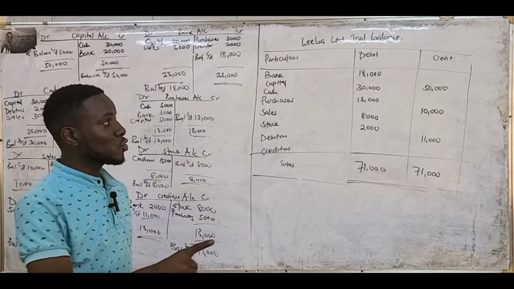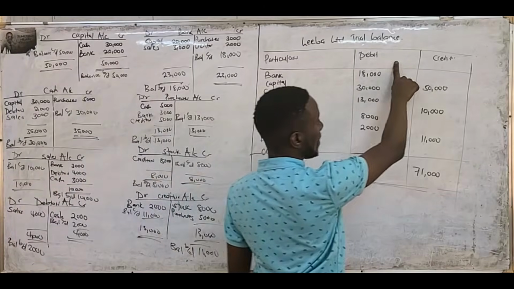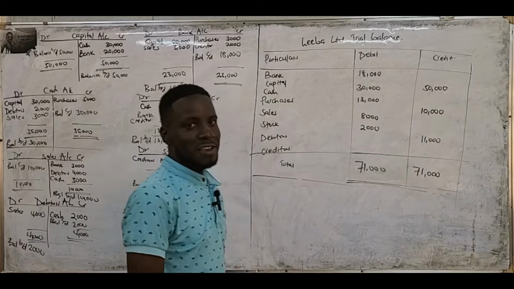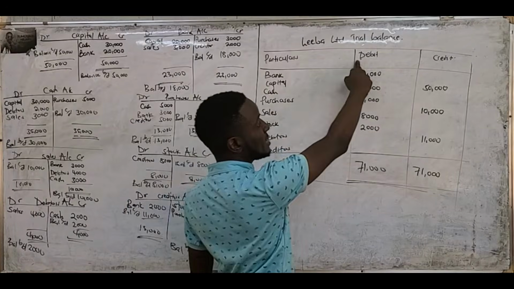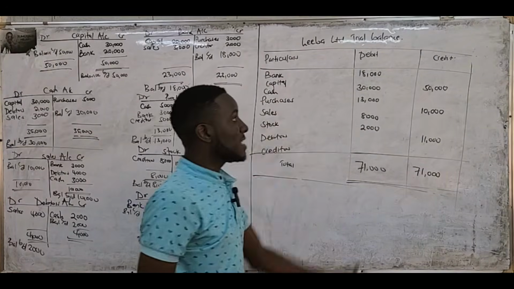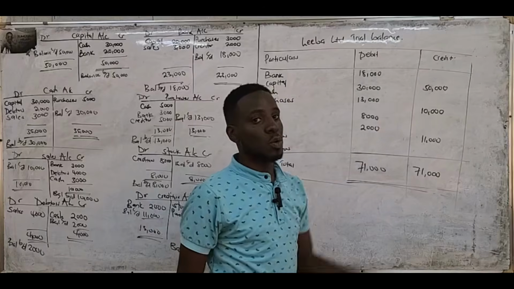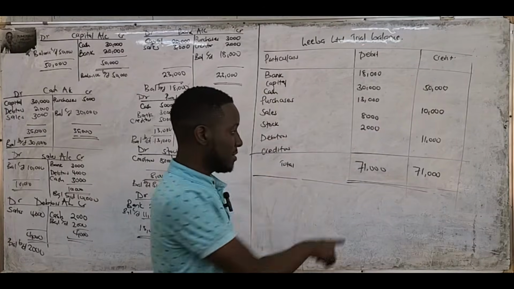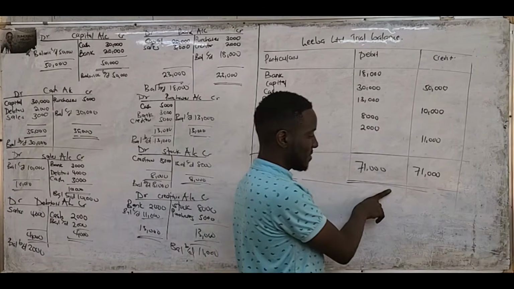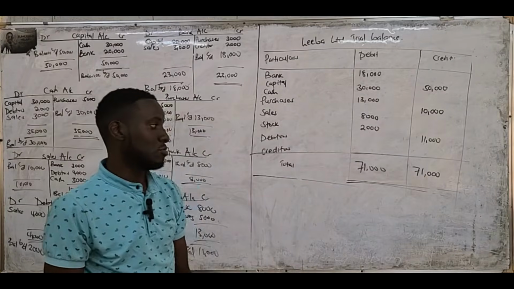Now if that is true, that means the debit side must be equal to the credit side. If every debit entry has a corresponding credit entry, then these two sides should be equal, and because of that, it means our double entry was made right. So this is how it is supposed to be done.